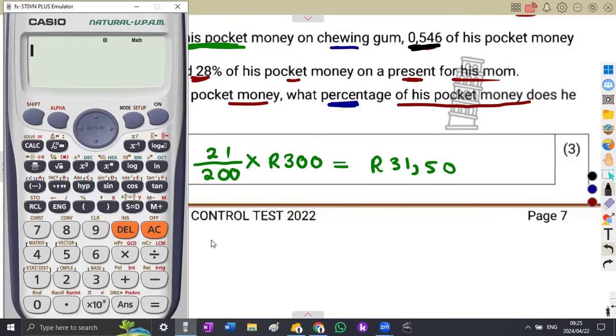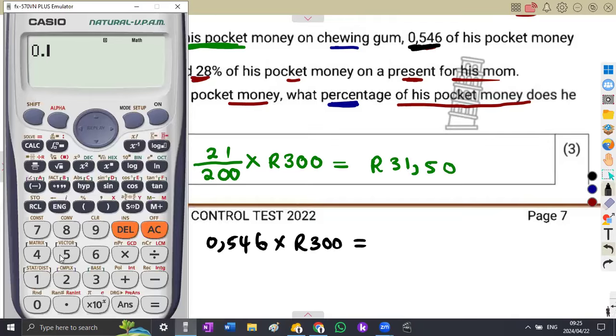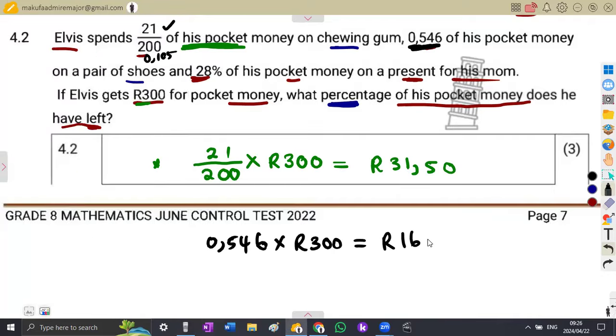So it is going to be 0,546 times his pocket money, which is 300, meaning to say he used 163,80. This is to buy a pair of shoes.